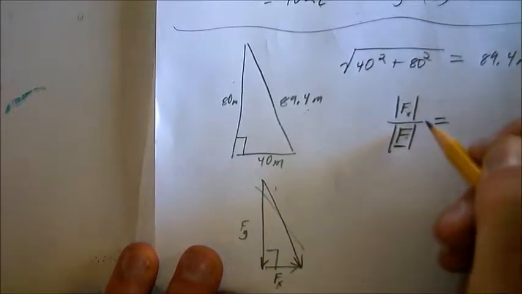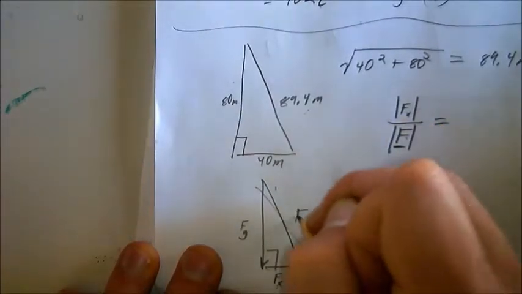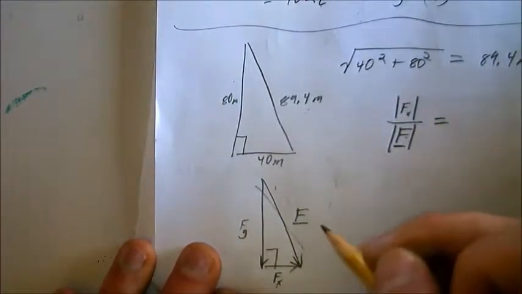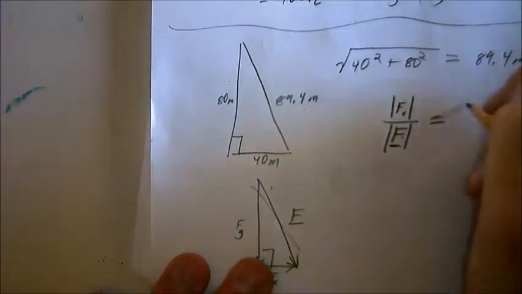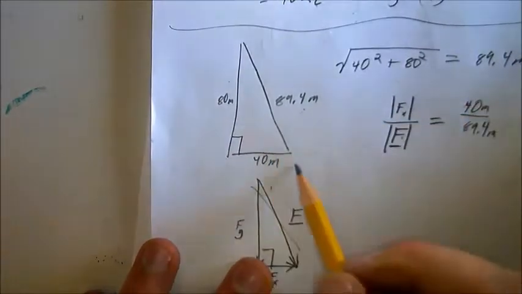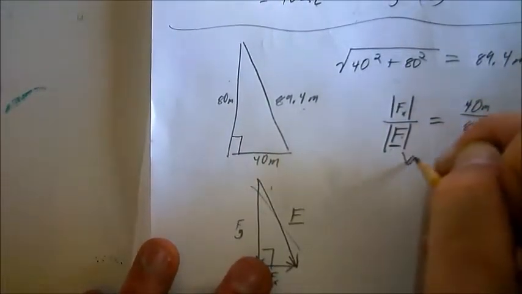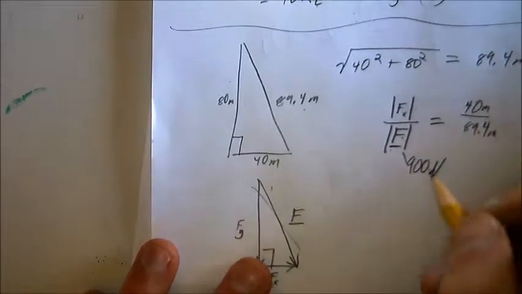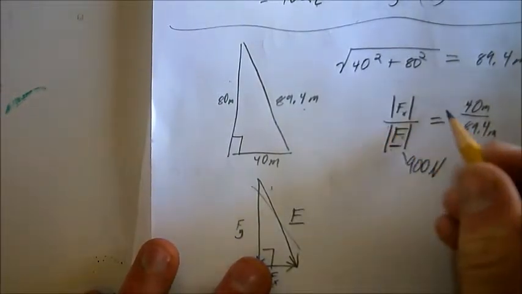You do the ratio of that with respect to the hypotenuse. This is large F, the magnitude that we were given. We know the distances are 40 meters all over 89.4 meters. And we know that F is equal to 900 newtons. So you can basically solve for f of x that way.